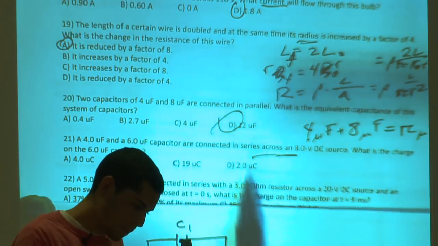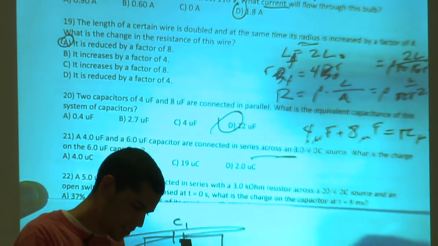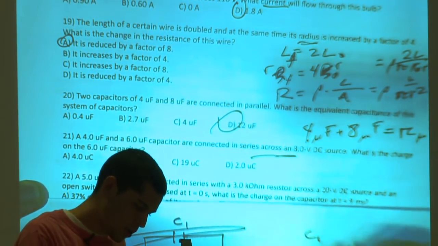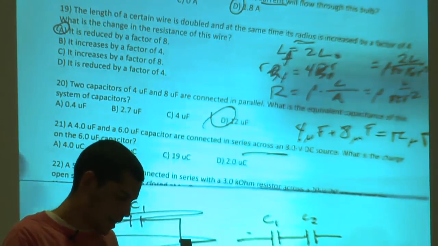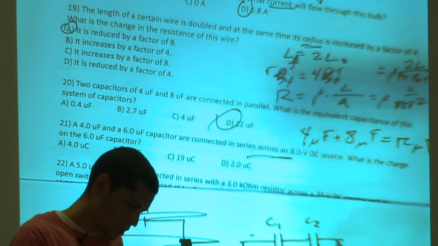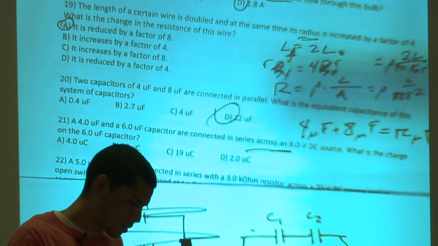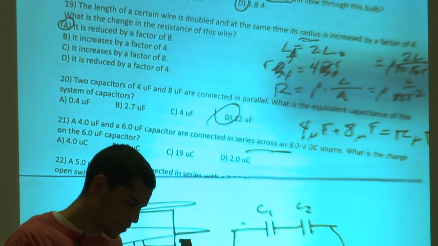They're connected in series, and we have an 8 volt source. So here's the EMF equals 8 volts. What is the charge on the 6 microfarad capacitor?